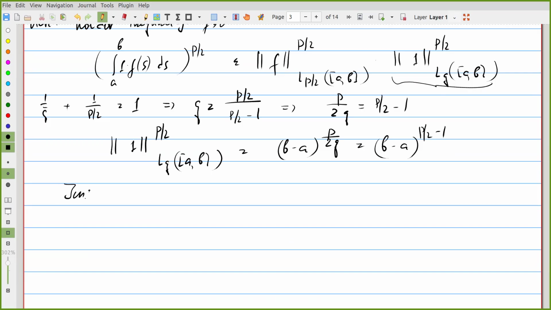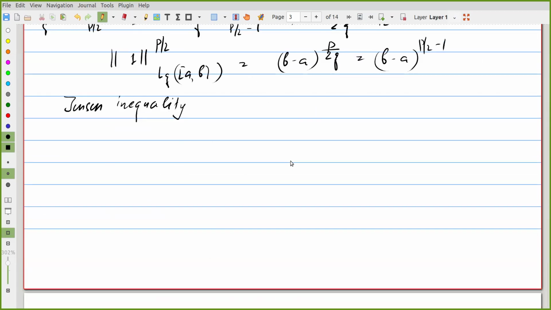I want to recall these two calculations because I keep mixing them up during the course. You can use either the Holder inequality to arrive at this, or you can use the Jensen inequality.